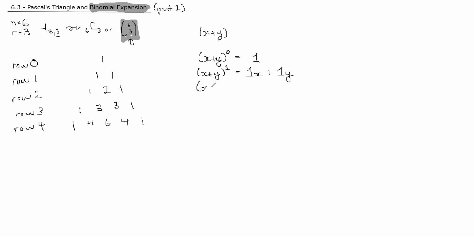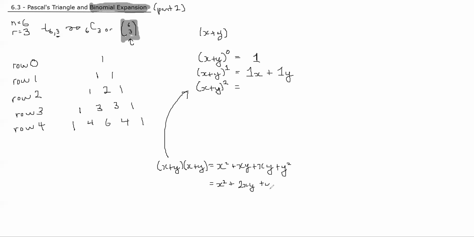What is, though, x plus y squared? Well, let's do it here. If I have x plus y squared, it's essentially 2 brackets, the binomial x plus y multiplying itself. And if I use distributive property, I would get x squared plus xy plus xy plus y squared, which is essentially x squared, I have 2 of the middle terms, and y squared.